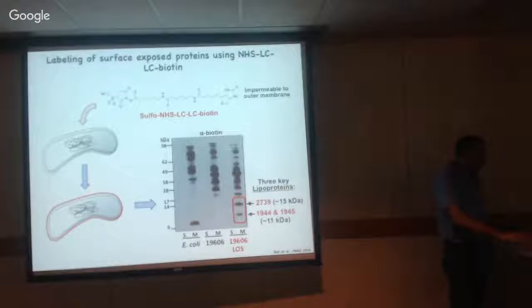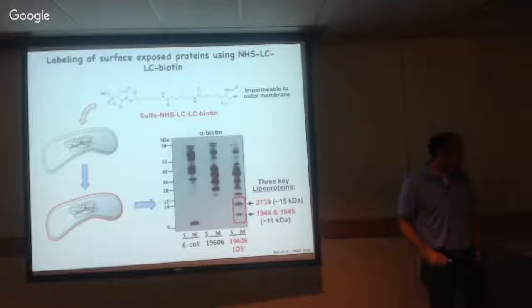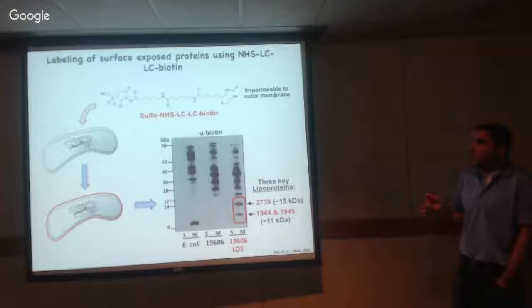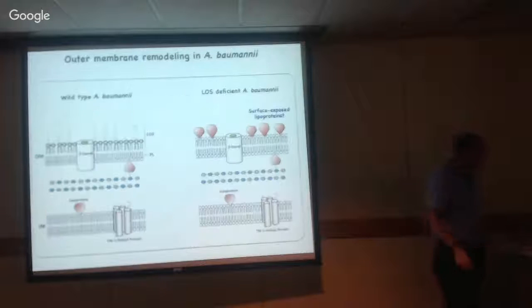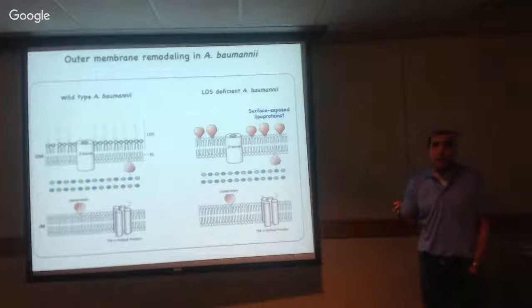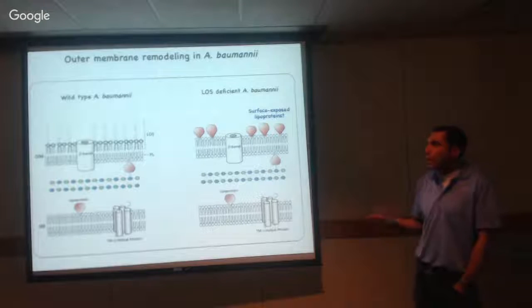So what we took from this was that LOS deficient bacteria were actually increasing lipoproteins on the surface of these bacterial cells. And we think that somehow that compensates for and allows the bacterium to survive without LOS.